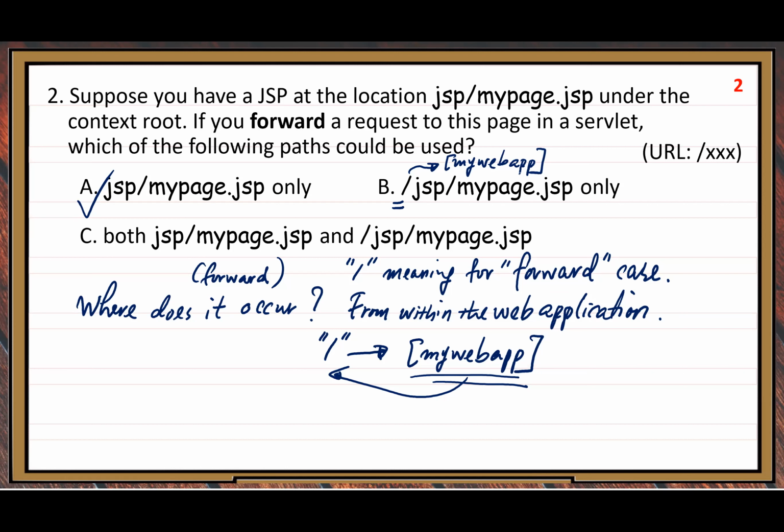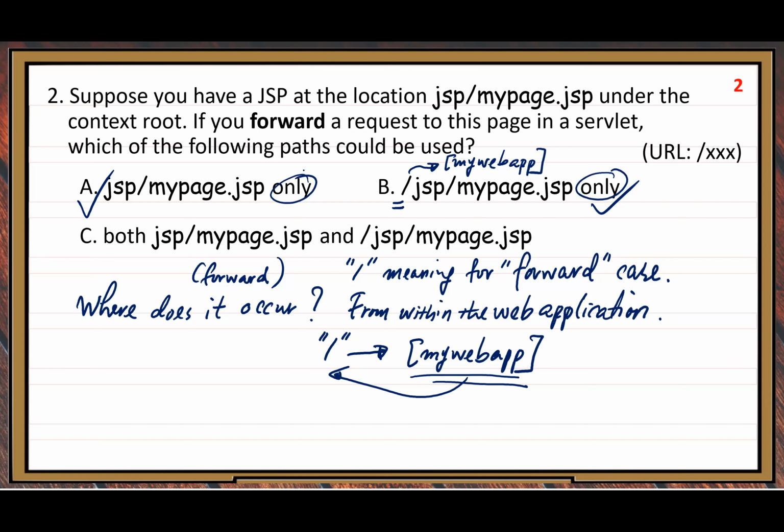Then it's correct, right? If you use that root, you get the right JSP location. So B option, if you use the forward way, is correct. But here the "only" will be different.